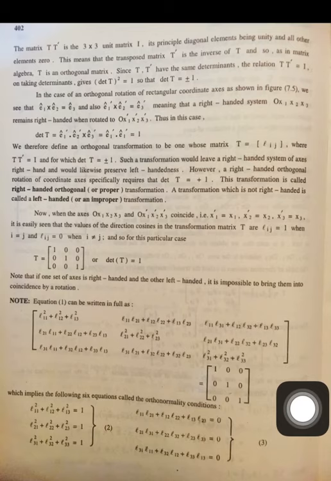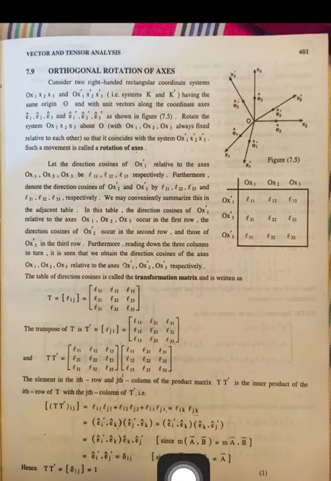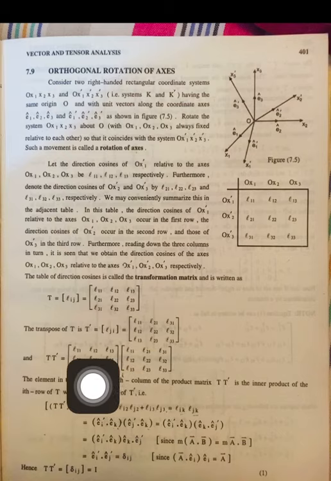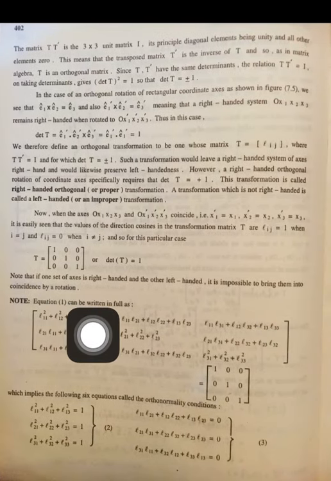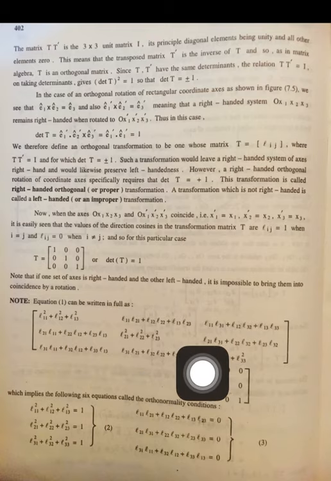Now further, in the previous section, we had this equation 1, which is delta ij. If I multiply these two matrices, I get this result. This is basically the product of T with T dash, and the product of T with T dash is equal to the identity matrix like this.